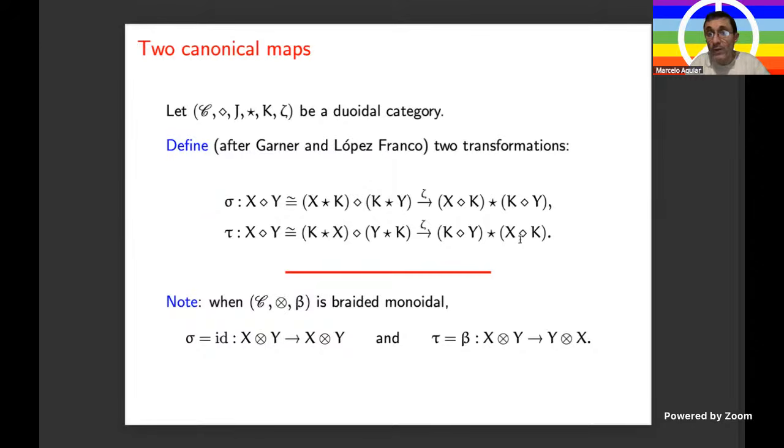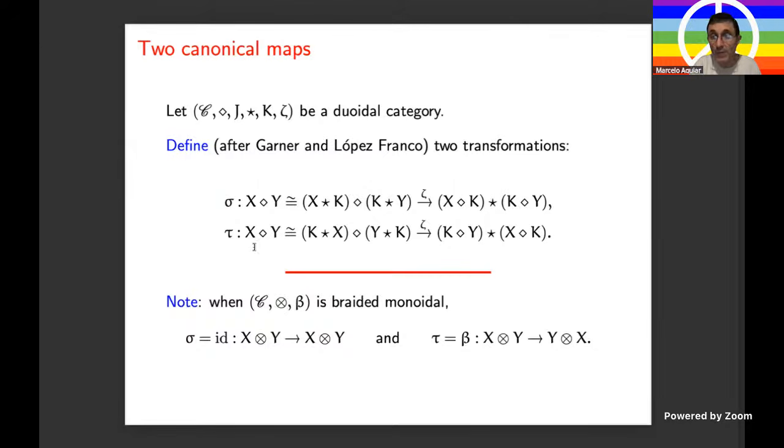Now, what would happen if you were to do this for a braided monoidal category in which the two operations are the same? Well, in that case, the two operations are the same, and the unit object is the same, so you're going from X tensor Y to X tensor Y by means of sigma.